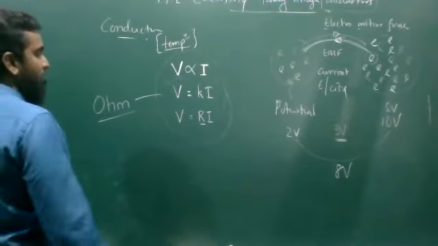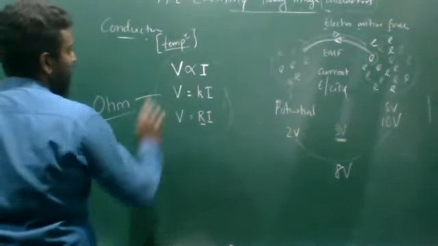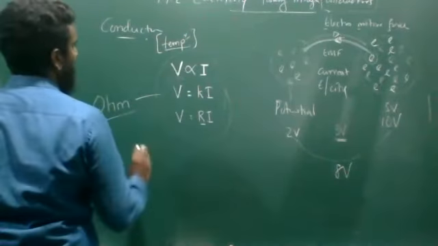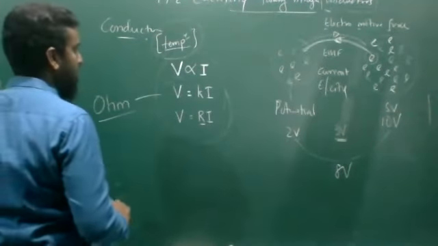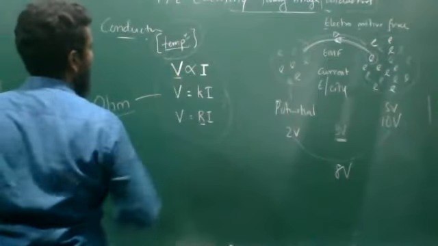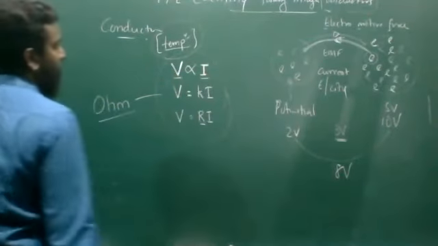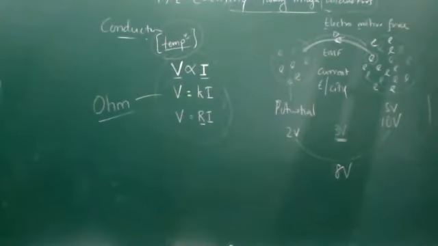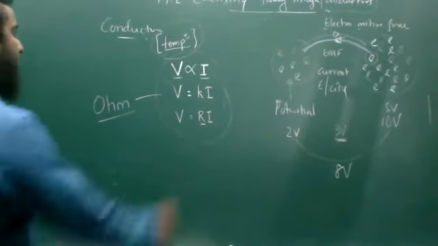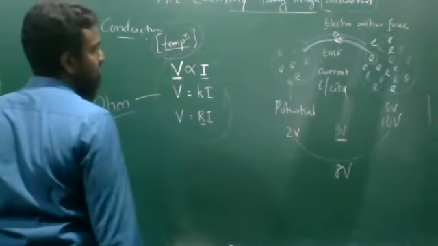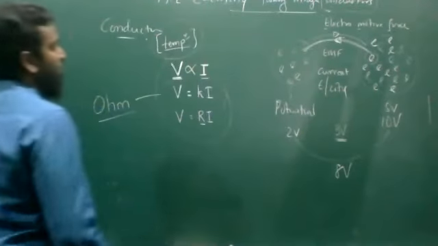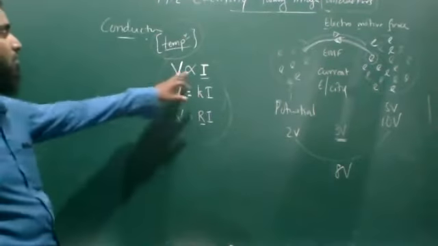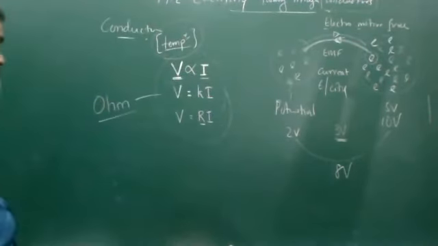Once you start stating Ohm's law, you have to start with: when the temperature is constant, the potential difference is proportional to the current flowing in the conductor. This is potential difference, not potential. Keep this in your mind. Potential difference is proportional to the current flow.